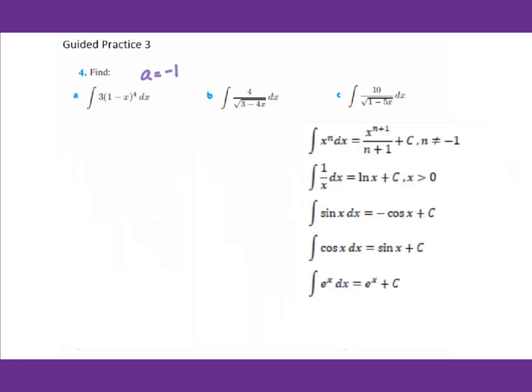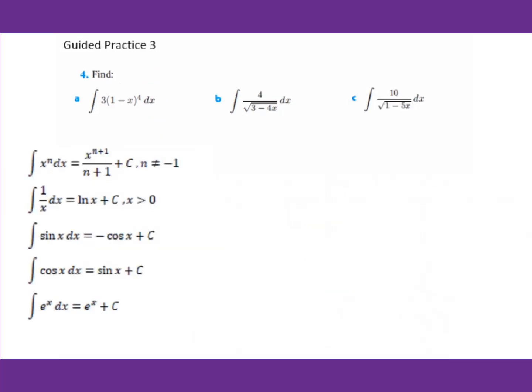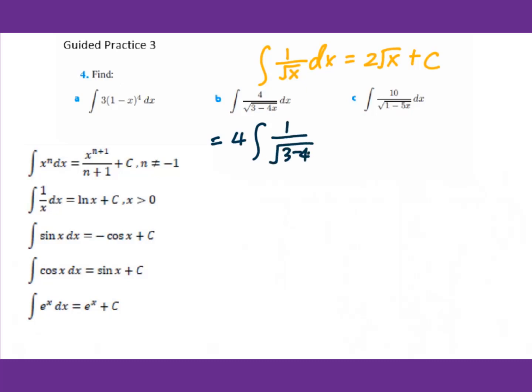Now let's go to b. If possible, please remember this formula for integral: 1 over square root of x dx equals 2 square root of x plus c. So for b, we take a 4 outside, you will get the 1 over square root 3 minus 4x dx.